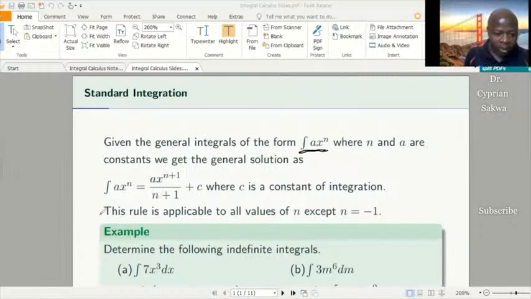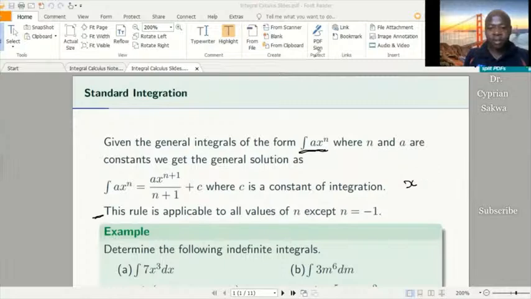This rule is only applicable when n is not equal to -1. So we are not using this rule to do integration where n is -1. When n is -1, we'll come up with another rule for doing that.